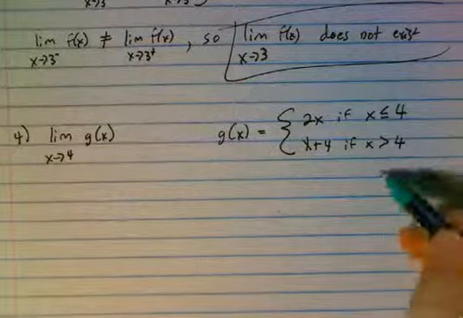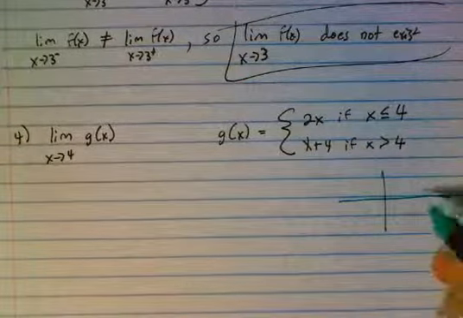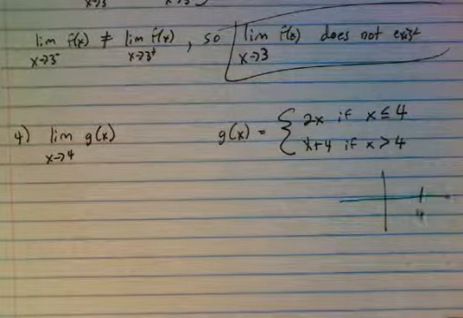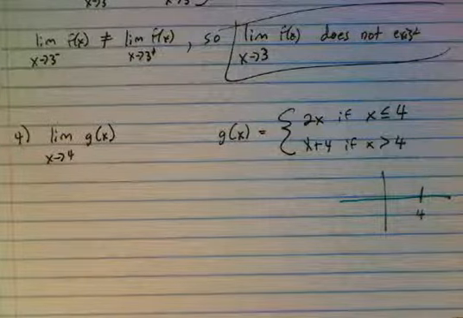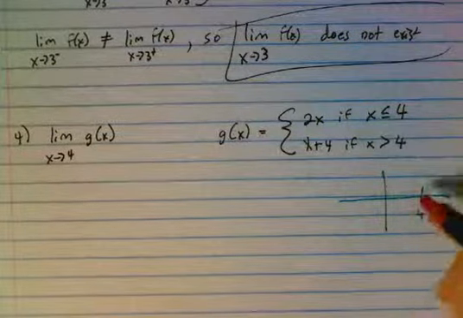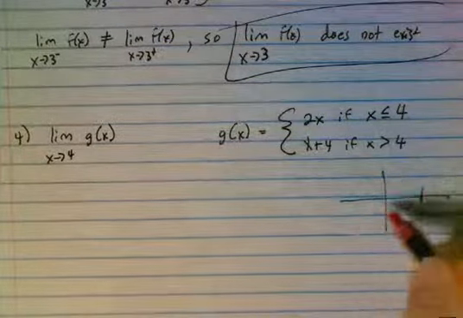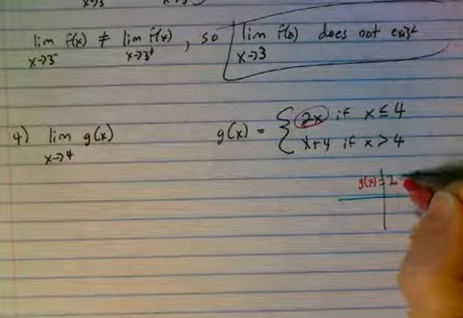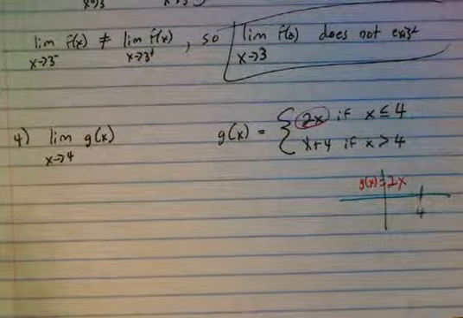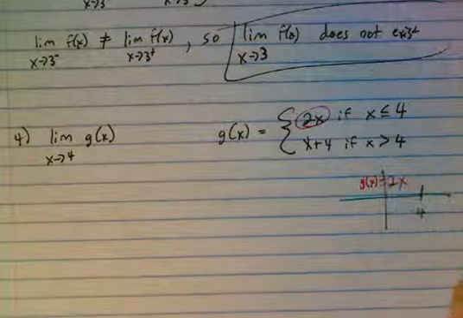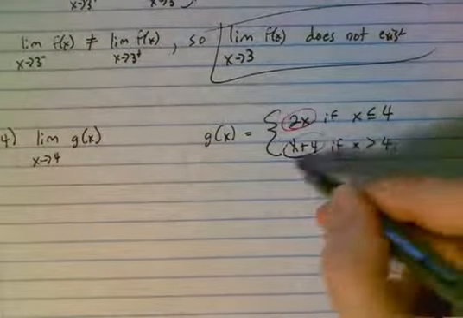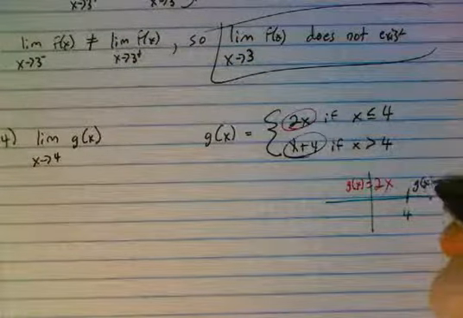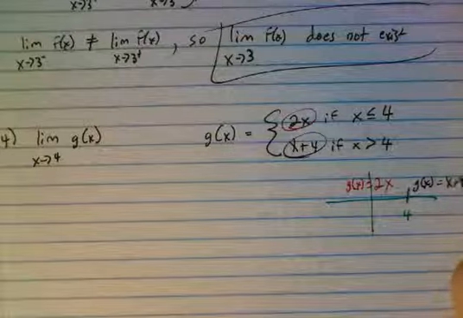So if we were going to graph this function, we'd split it off at 4. When x is less than 4, all the way over here, we have g of x equals 2x. And when x is greater than 4, off to the right here, we have g of x equals x plus 4.